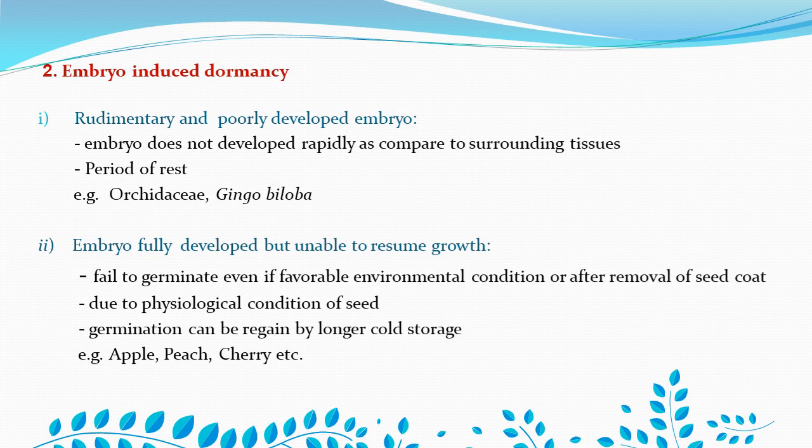First is the tough seed coat and second one is embryo-induced dormancy. Now, this embryo-induced dormancy can be caused due to a rudimentary or poorly developed embryo, or it can be caused by unresumed growth of the embryo. We'll see one by one.